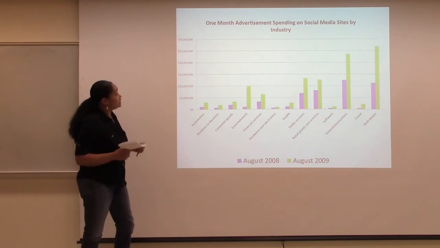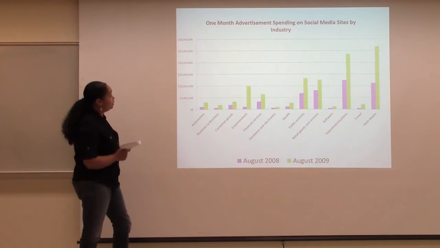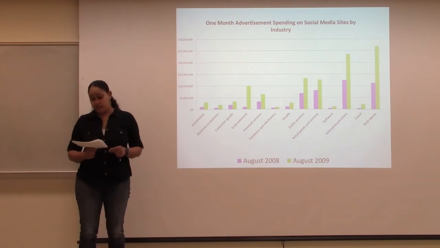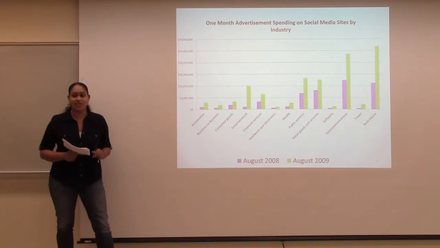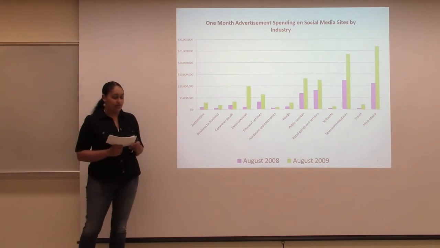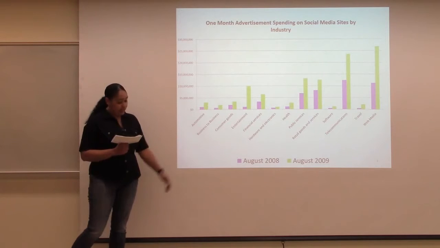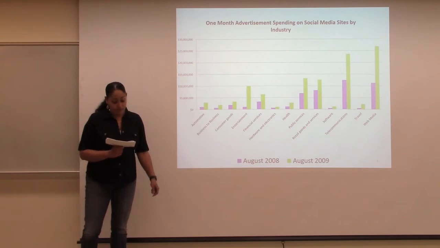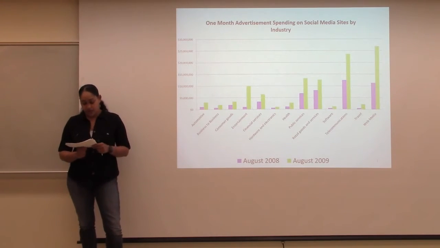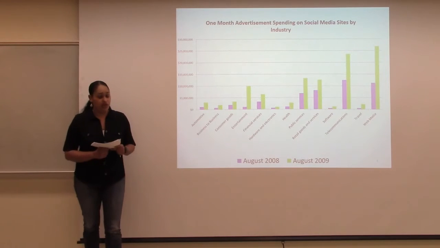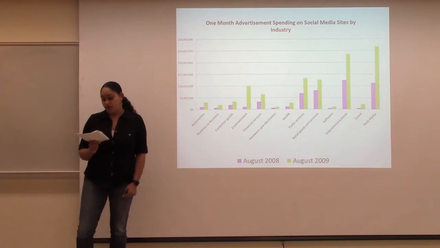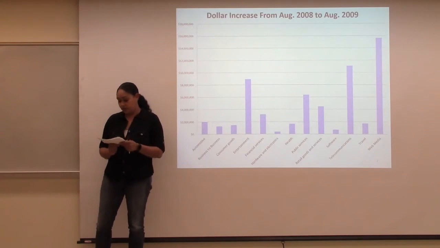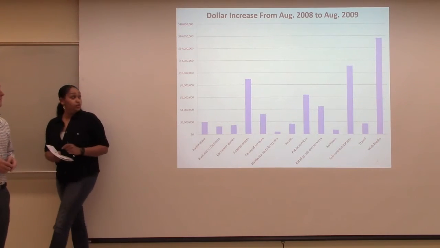As evident in this graph, social media advertisement spending has grown substantially across the industry from August 2008 to 2009. The 13 industries increased spending by $60 million and now are over $100 million in 2009. Now Dave will go into more detail on how the $60 million increase from 2008 to 2009.